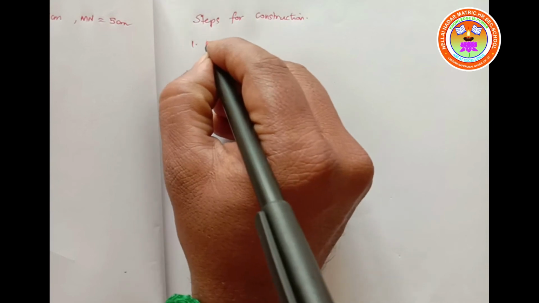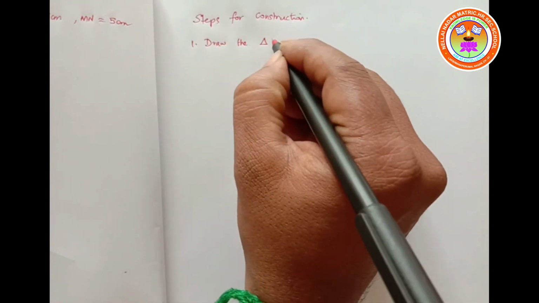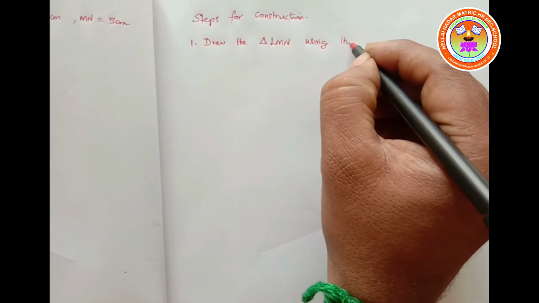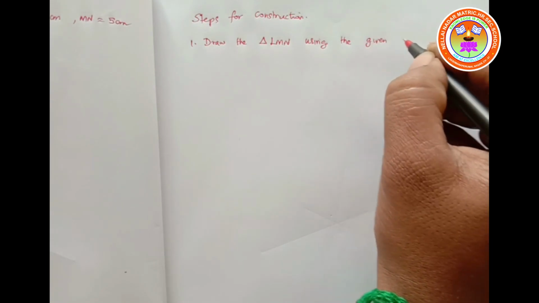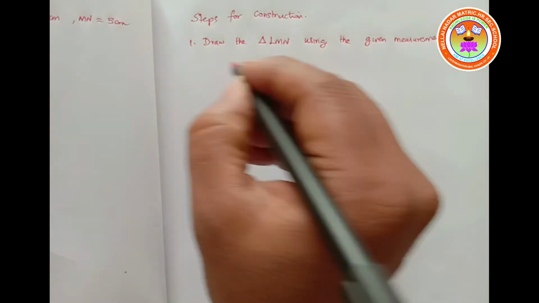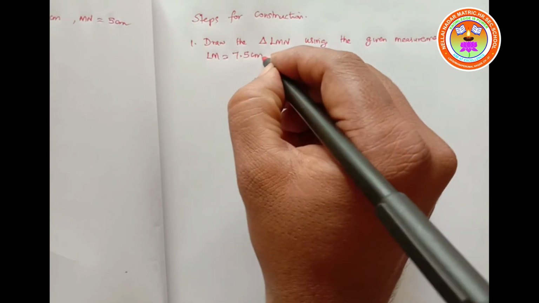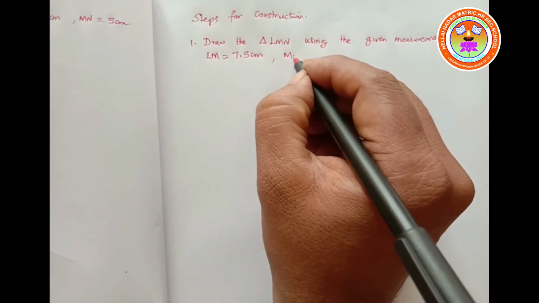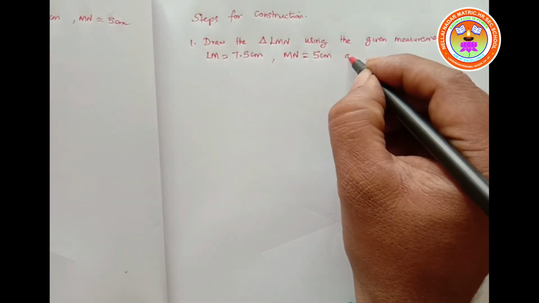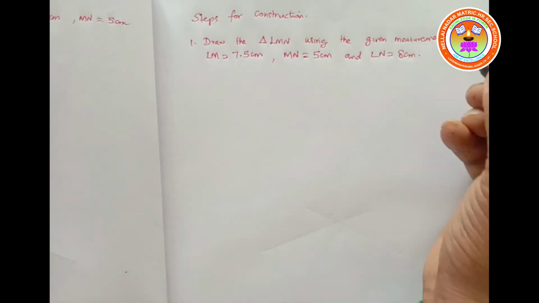First step, draw the triangle LMN using the given measurement: LM equal to 7.5 centimeter, MN is equal to 5 centimeter, and LN equal to 8 centimeter.